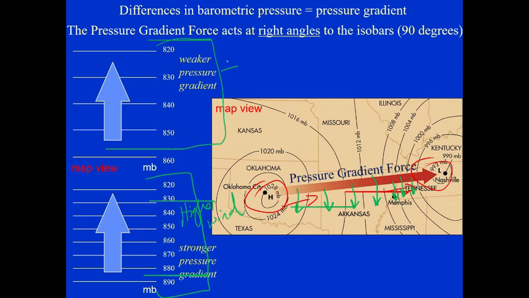Now over here the pressure gradient force is lower because the isobars are spaced further apart. Do you see how there's more space between these isobars compared to these ones down here? So that's the difference. That results in a lower wind speed. Okay, so isobars are further apart. That's a lower wind speed. It's because it has a lower, weaker pressure gradient force.